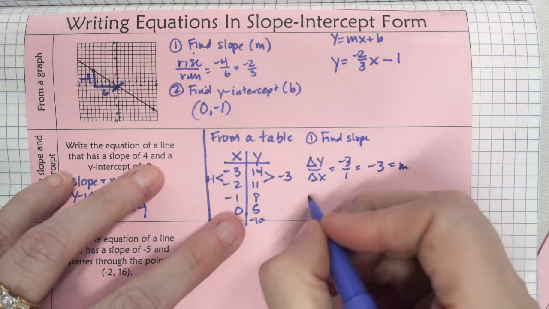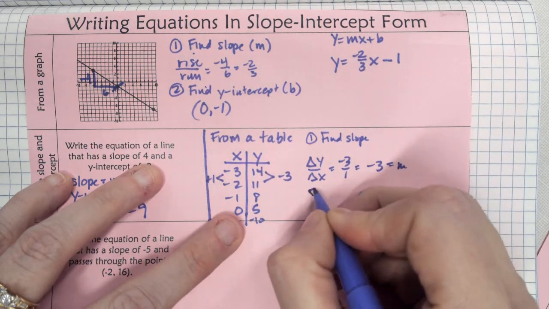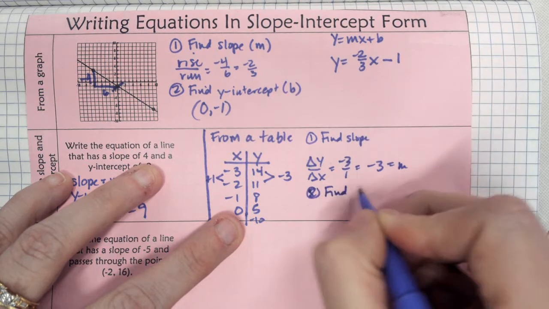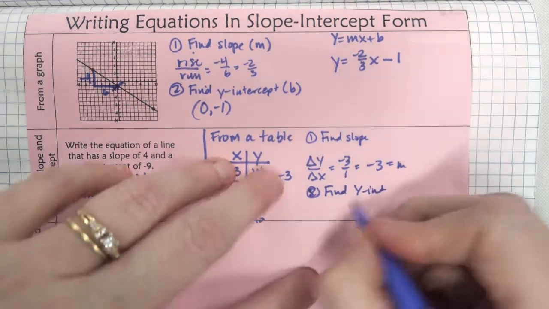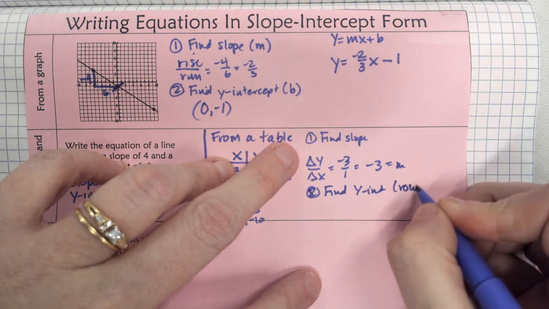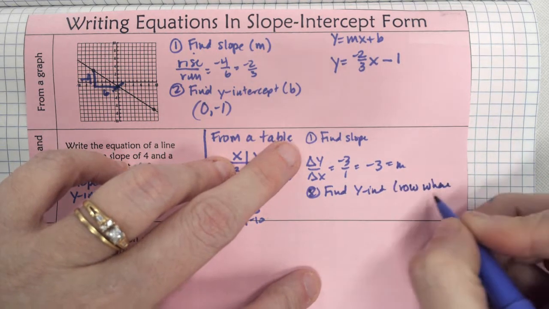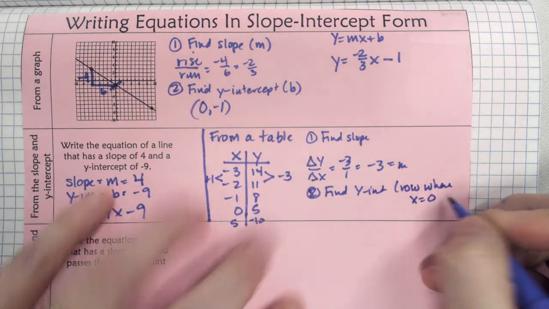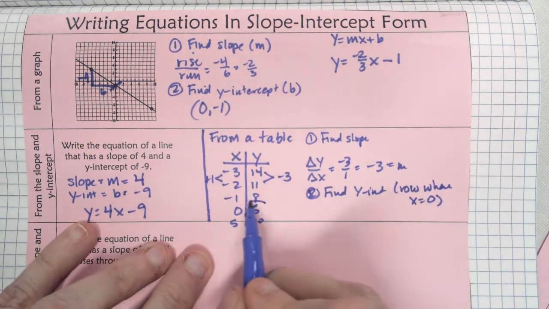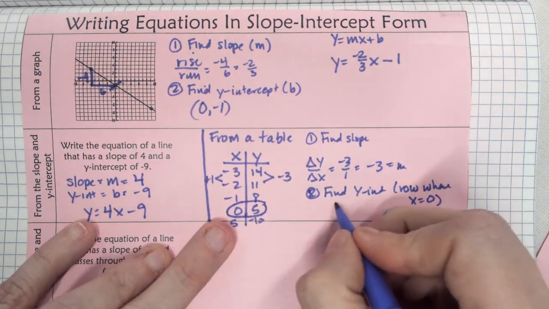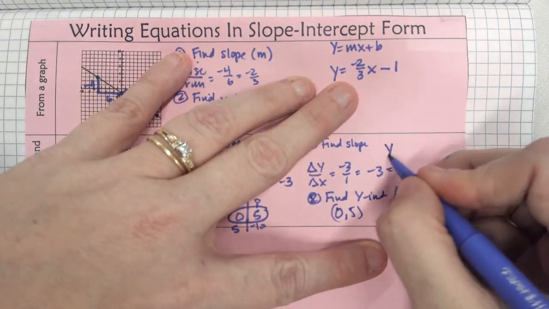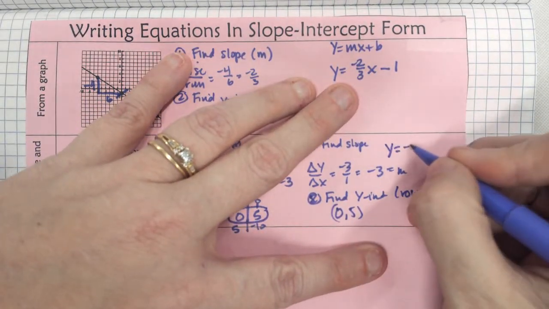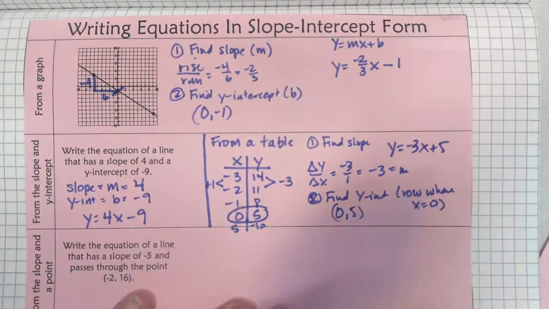Now my y-intercept is the row where x equals 0. Here it is, there's the row where x equals 0: (0, 5). So when I put this in slope-intercept form, it's y equals negative 3x plus 5.